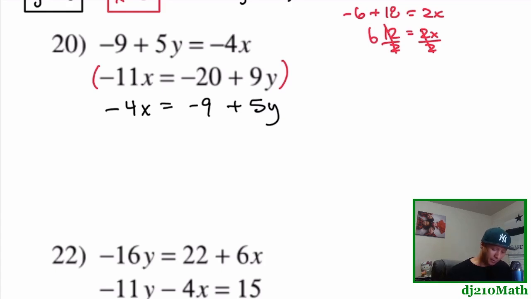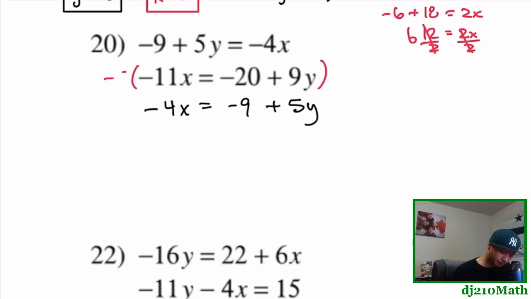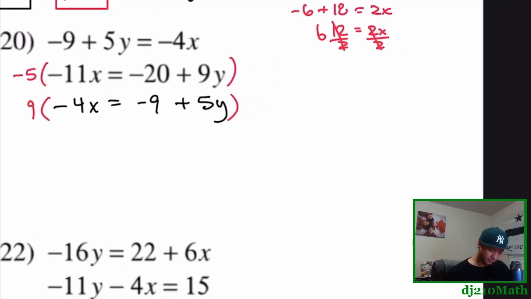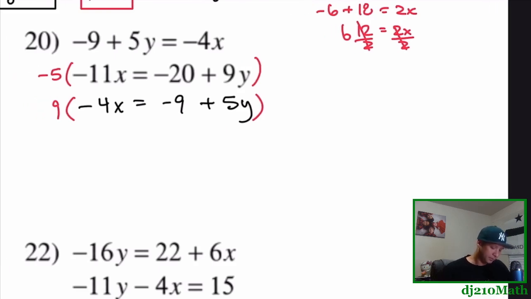So right away, I'm going to multiply the top by -5 and the bottom by 9. I could have done 11 and 4 for the x's, or I could have done 5 and -9. So it truly doesn't matter.